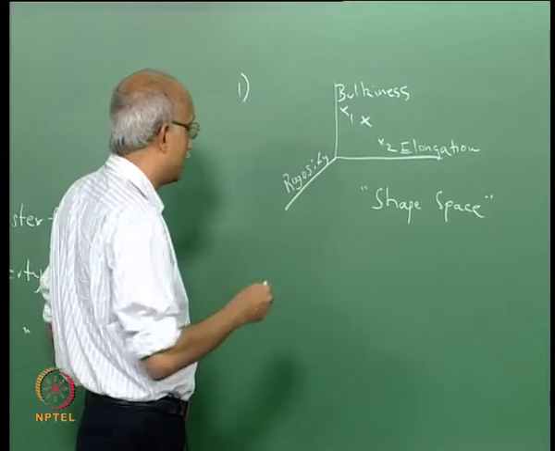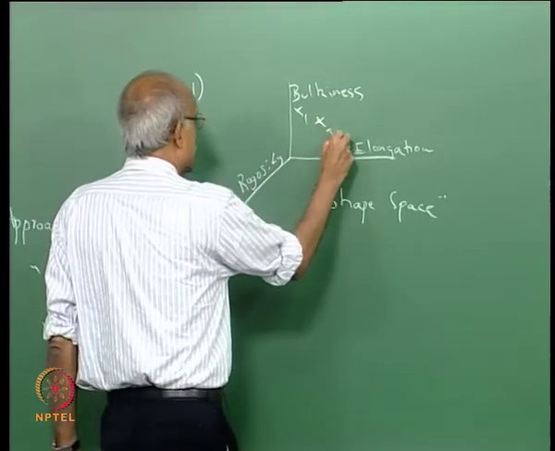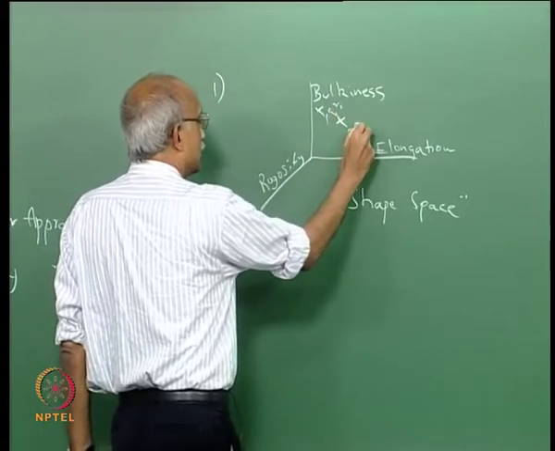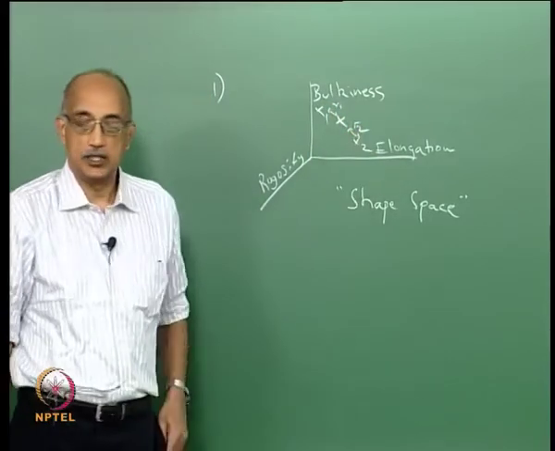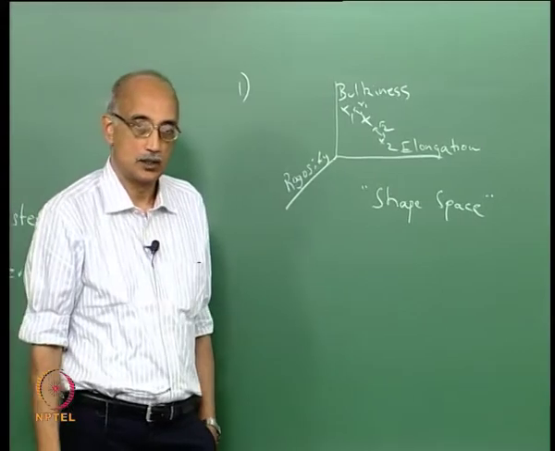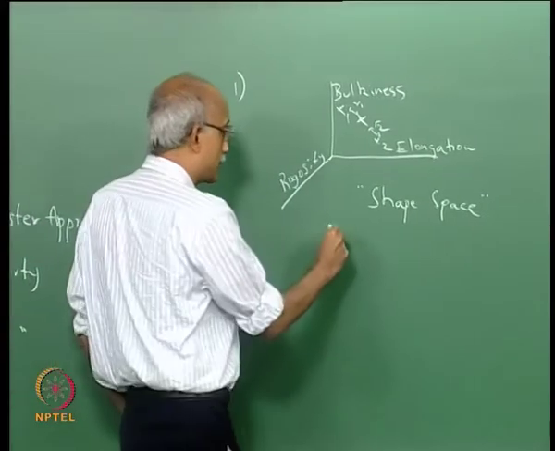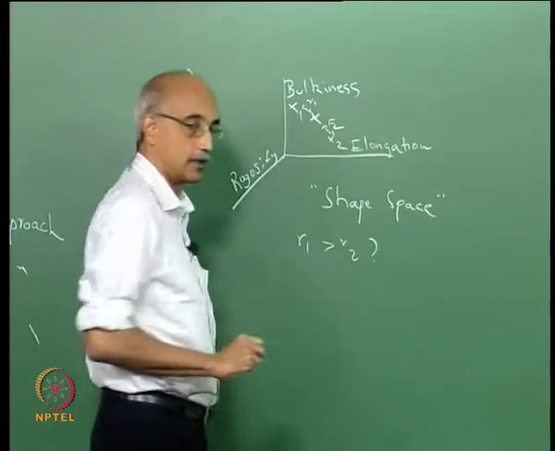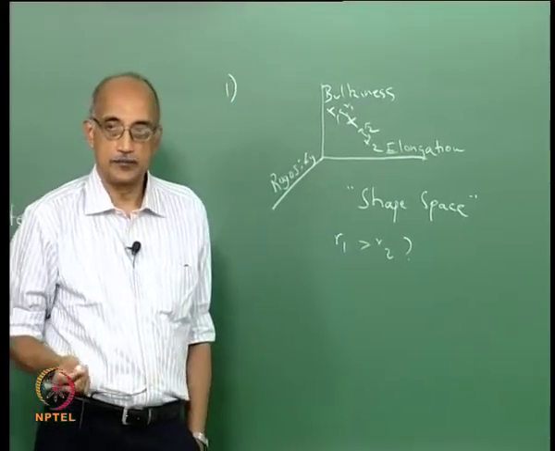You essentially find the distance, let us say R1 between x and x1 and R2 between x and x2, and you compare them, R1 greater than R2 or R1 less than R2.